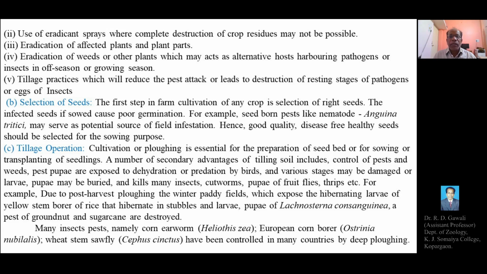In many countries, they have controlled various pests like corn earworm, European corn borer, wheat stem sawfly, simply by deep ploughing. So this is about the tillage operations.